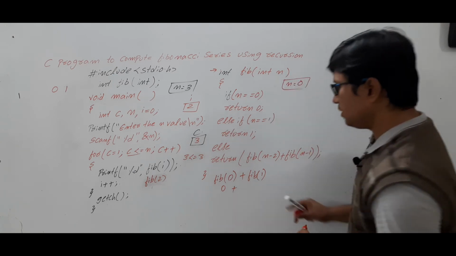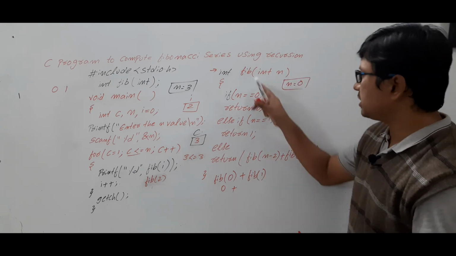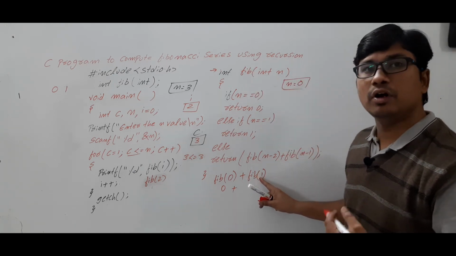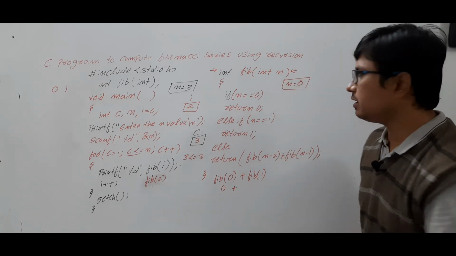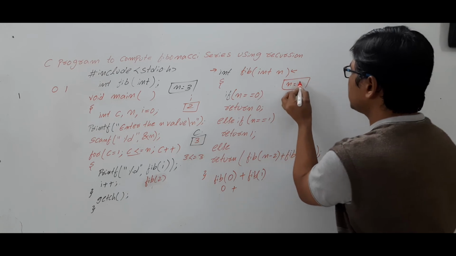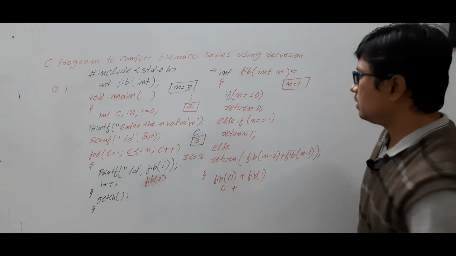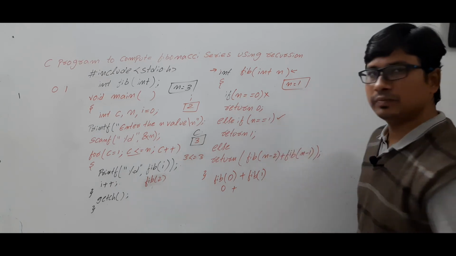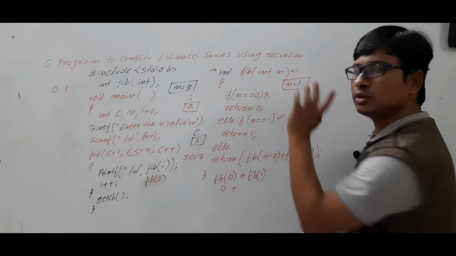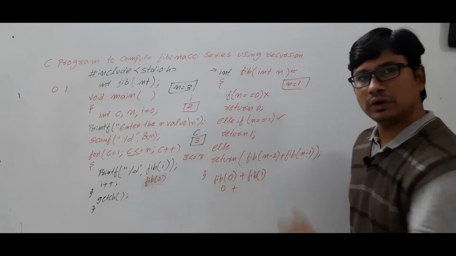Plus, you are calling the function fib again, now with the value 1. If you are calling it again, the control will come here and n will be assigned the constant 1. Now this condition will fail. This condition will be true because 1 is not equal to 0 whereas 1 is equal to 1.